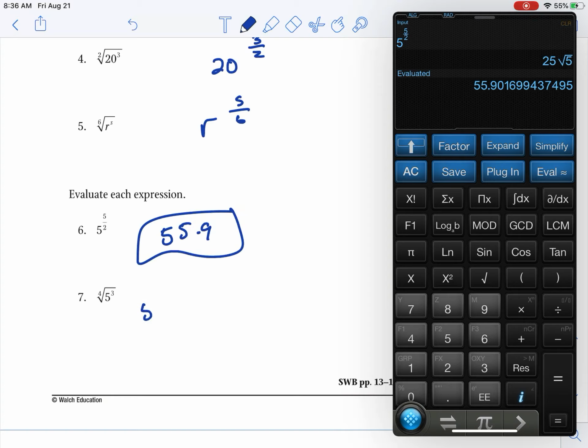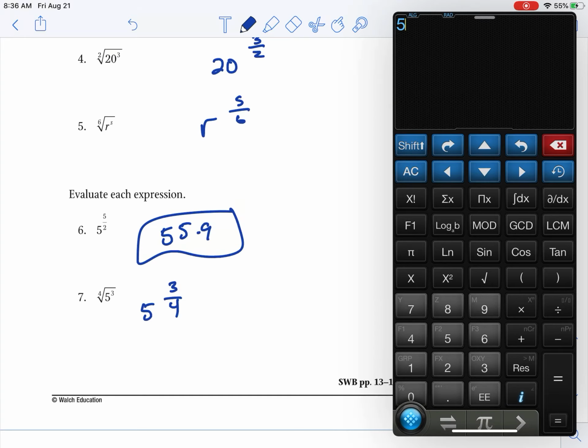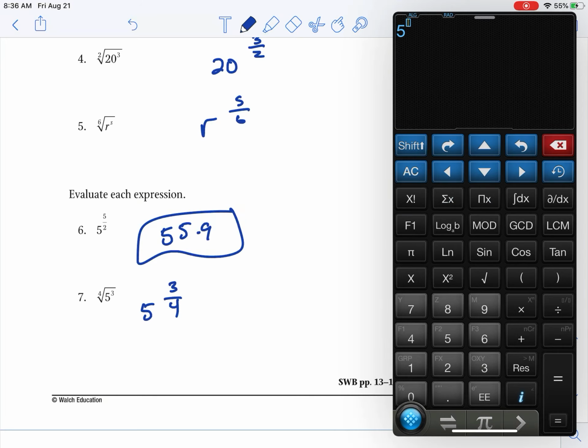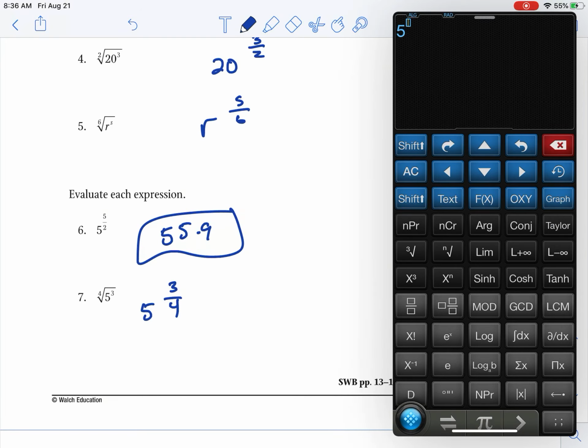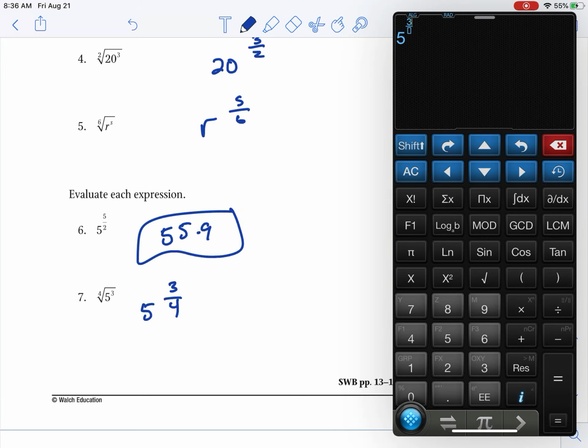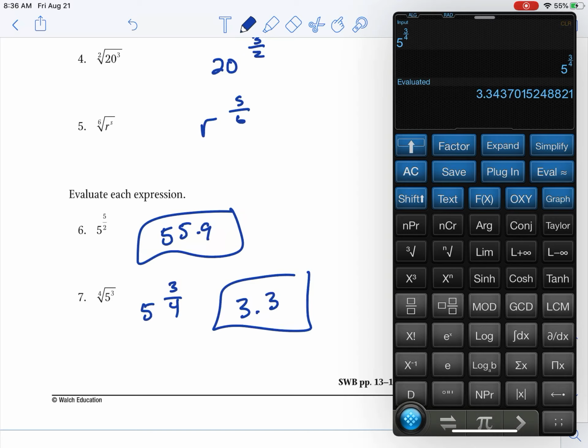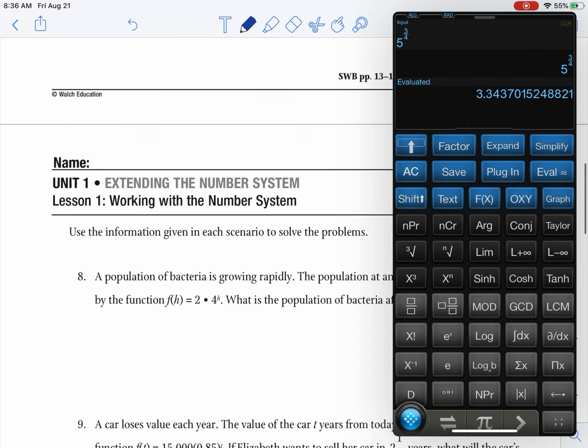I'm actually going to switch this, 5 to the 3 over 4. 3.3. Some calculators do have this button where you can put all those things in. If it does, that's fine. I just think it's easier to switch it to exponent. But that's okay.